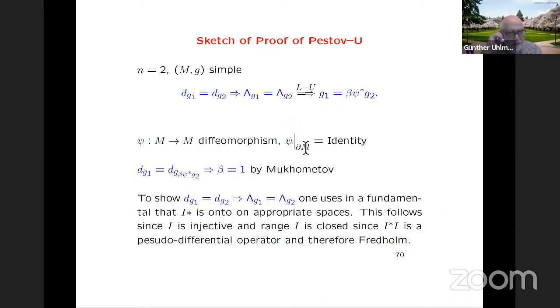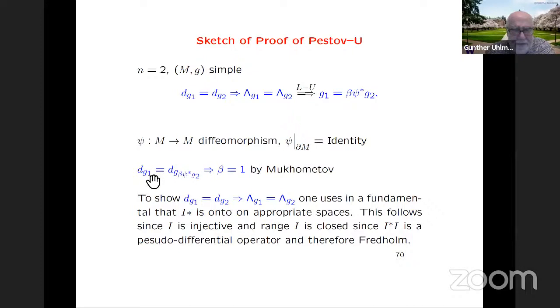So how does the proof go? So if the distance functions are the same, this is in dimension 2 only, the Dirichlet to Neumann maps are the same, and by the result I mentioned very early on with Lassas, then one metric is a conformal multiple of the pullback of the other one. In 2 dimensions, we know everything about the Dirichlet to Neumann map, with a change of variables, which is the identity on the boundary.